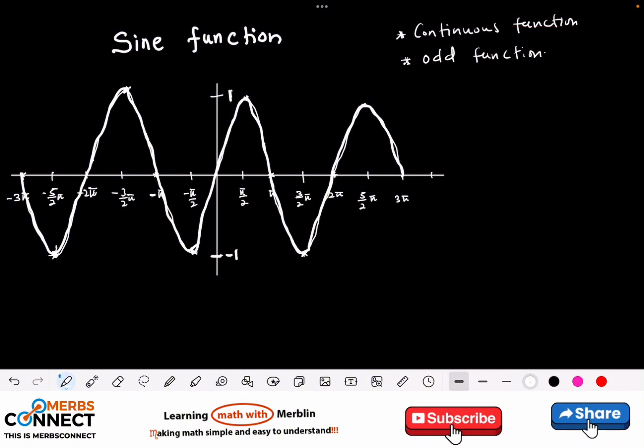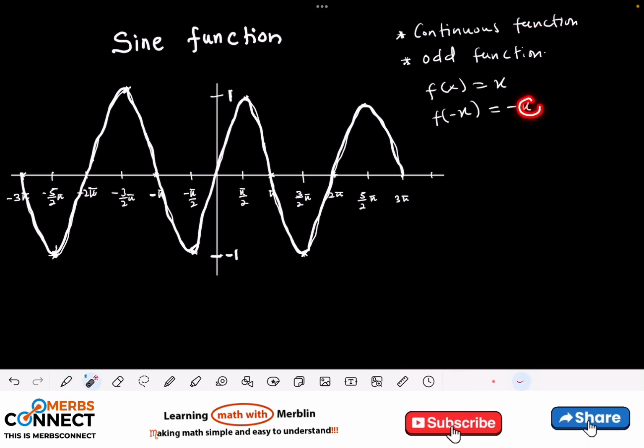Why are we saying that it's an odd function? When we are talking about an odd function, for example, if I have f of x equal to x, then what is f of negative x? f of negative x is minus x, which I can write as minus f of x.